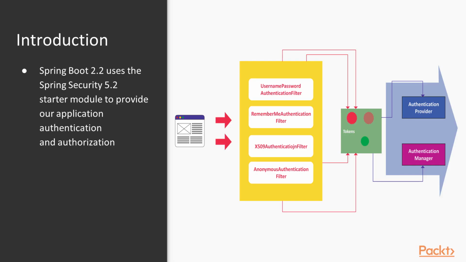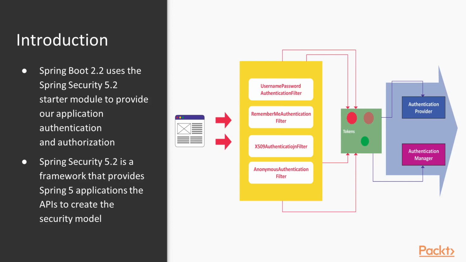Now, the Spring Boot 2.2 platform uses its Spring Security 5.2 starter module in providing the necessary authentication and authorization rules to our application. Now, this Spring Security 5.2 framework provides the necessary APIs in creating the security model that will implement the security protocol. Let us now figure out how to protect our applications using Spring Security 5.2.